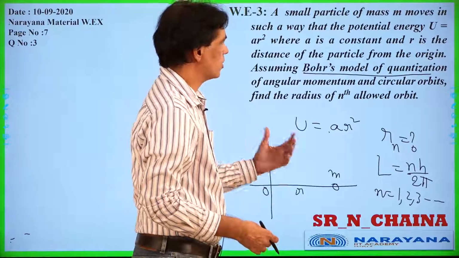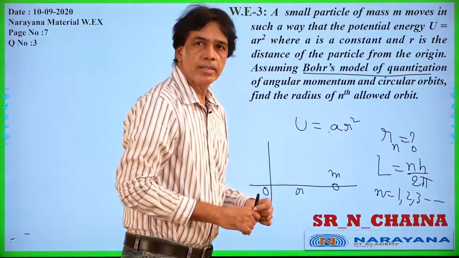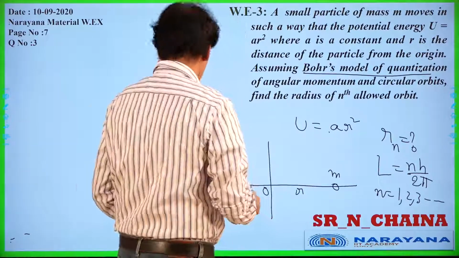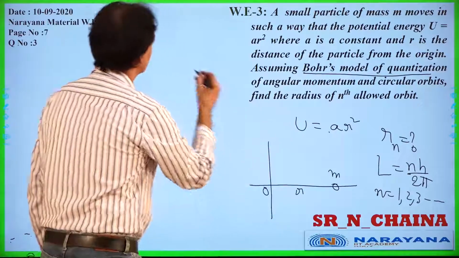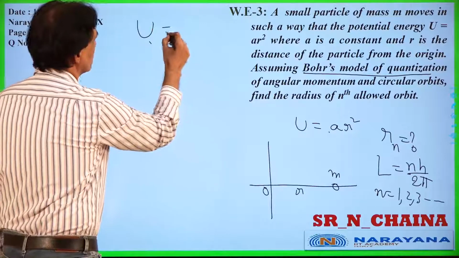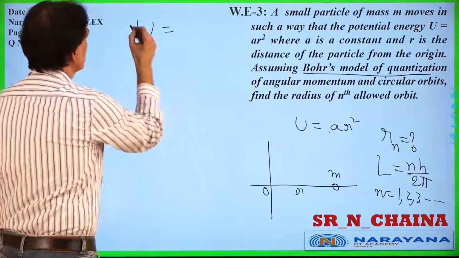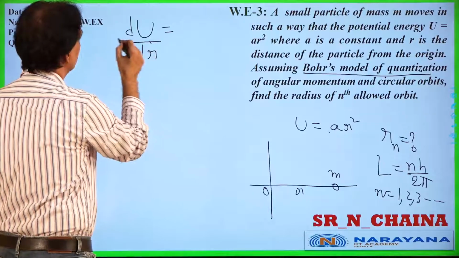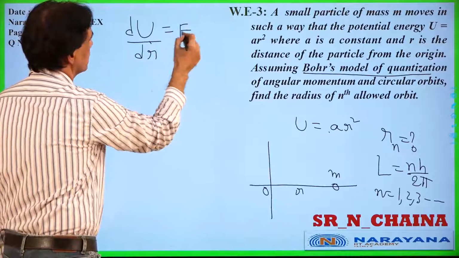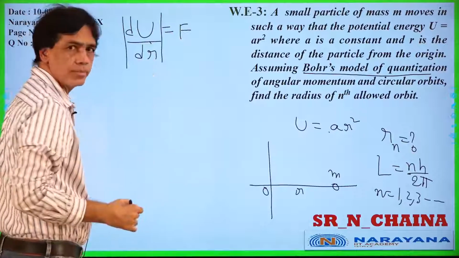In this particular case, what you have to find out is the radius of the orbit. To find the radius of the orbit, we'll use the relation between potential energy and force. We know that dU by dr is the force, its magnitude.